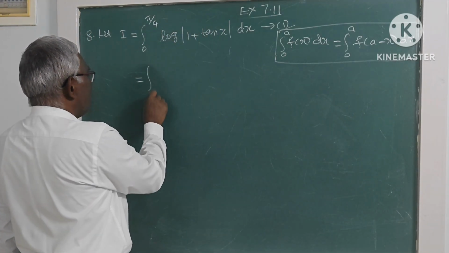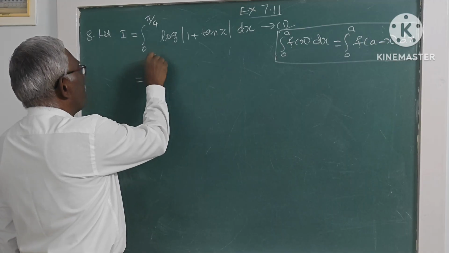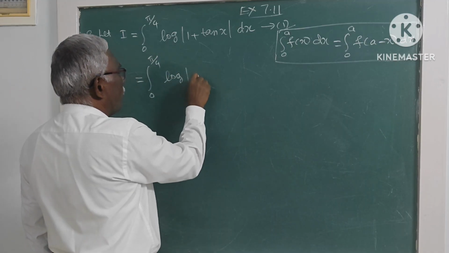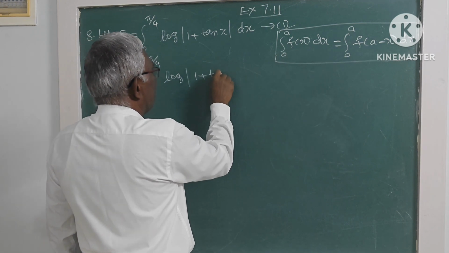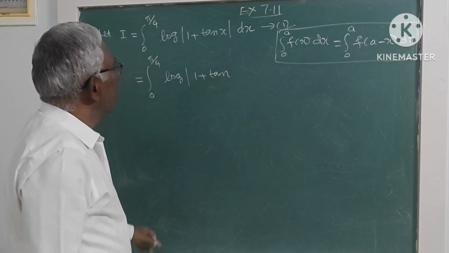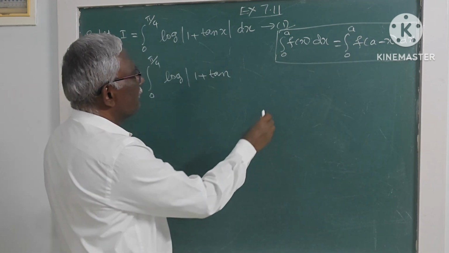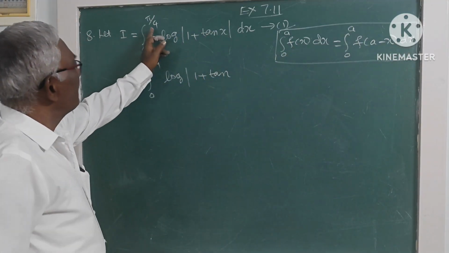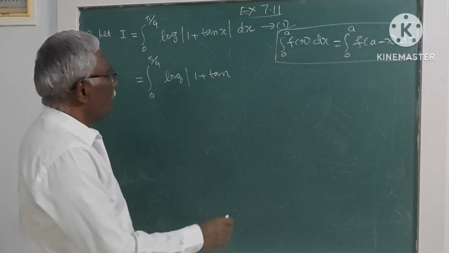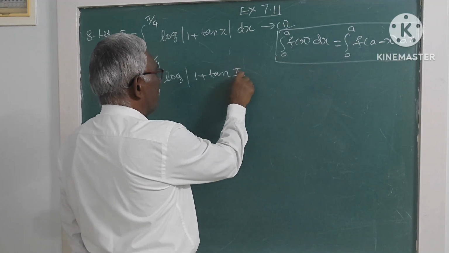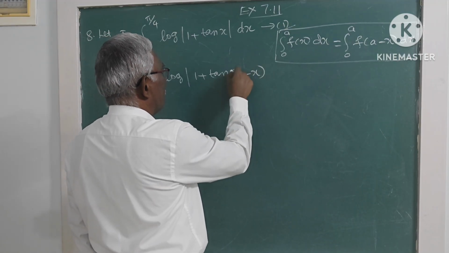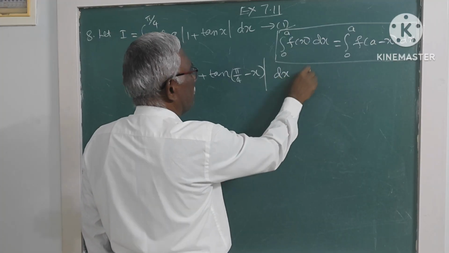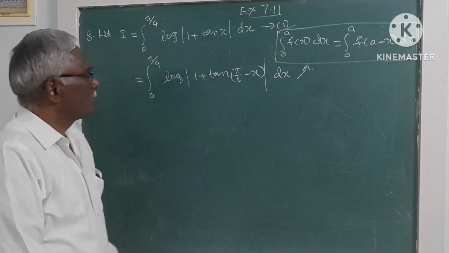So you can write this as 0 to pi by 4 log of 1 plus tan of, x is what now? We have to replace x by a minus x, that is pi by 4 minus x, dx, using this property.